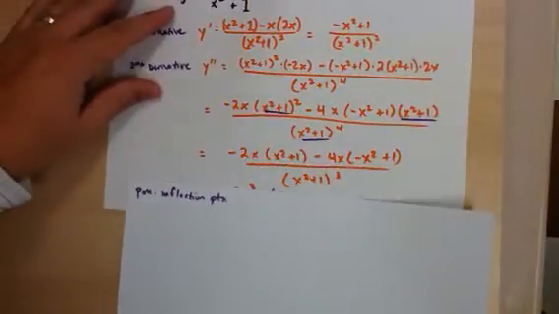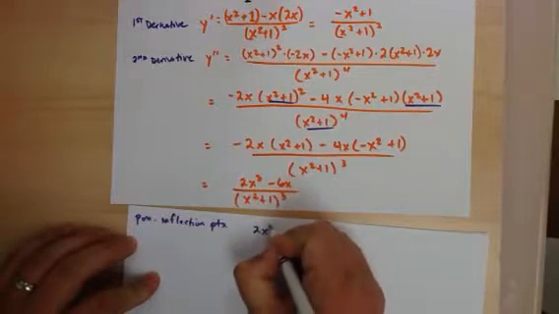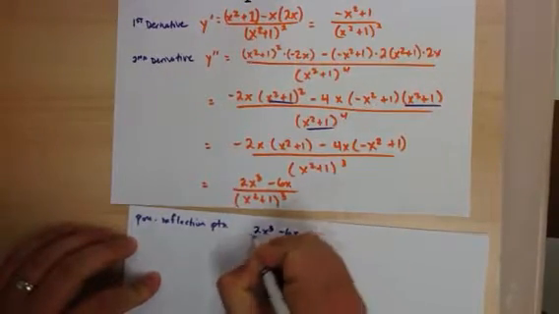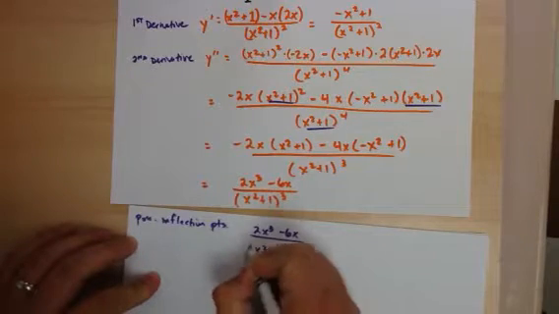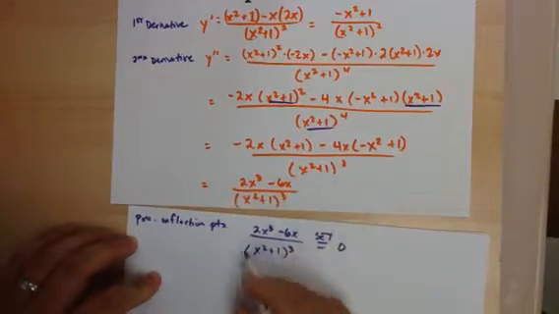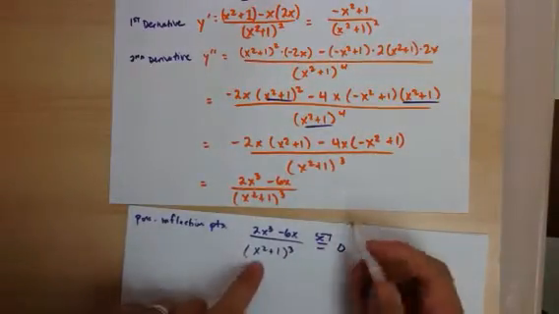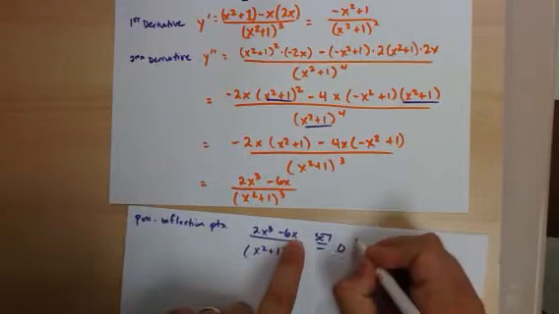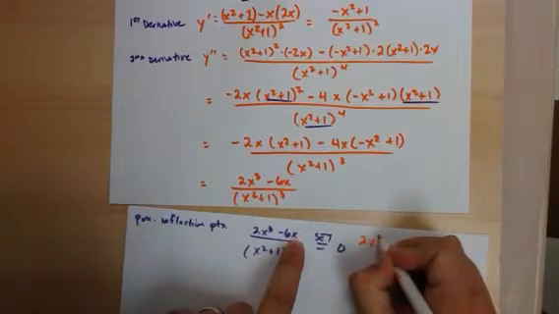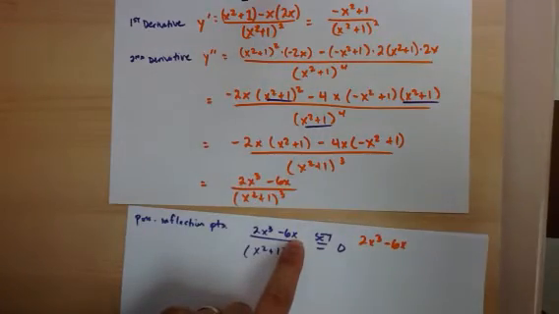We're going to take that second derivative and set it equal to 0. And as before, the denominator is going to be totally fine. No discontinuities, no issues. And so I'm going to set the numerator equal to 0. And you know what? I'm running out of time. We'll have to continue this in another video.